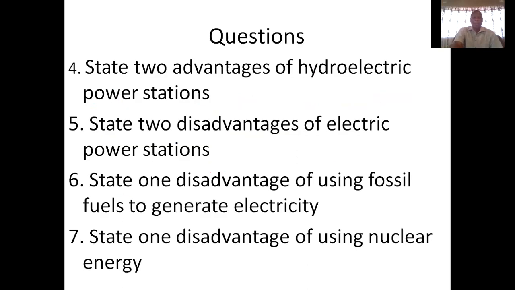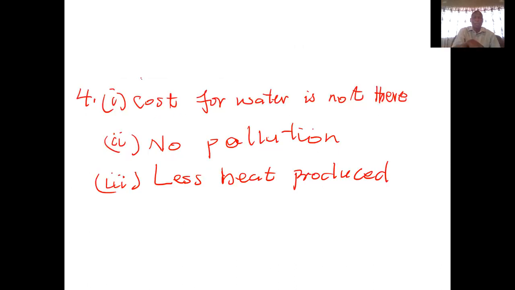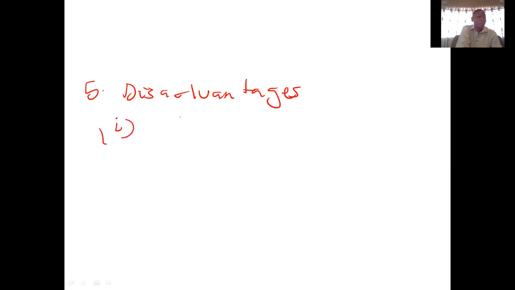Number 5, state 2 disadvantages of hydroelectric power stations. So these were the advantages. What are the disadvantages of using hydroelectric power stations? Two disadvantages are that hydroelectric can cause flooding.